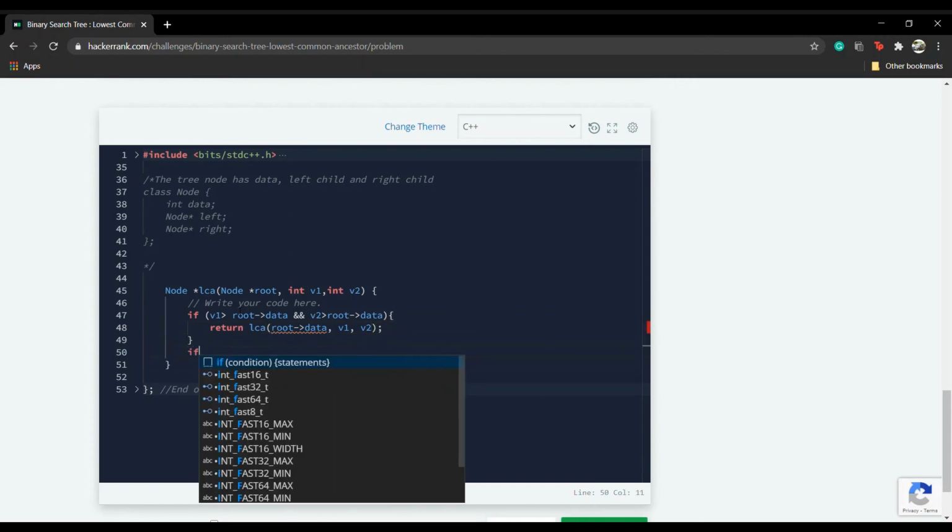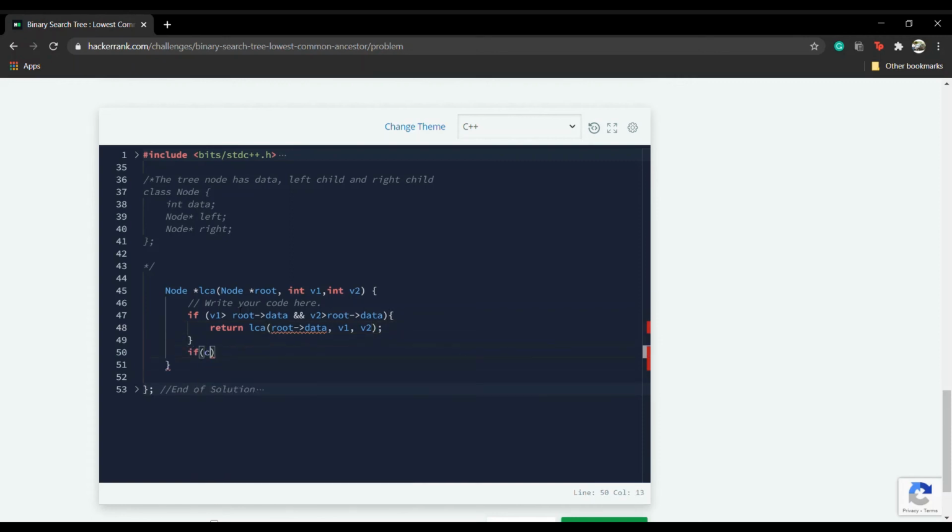Next we have the second if condition, that is, if V1 is lesser than root data and V2 is lesser than root data. Oh, one second. This should have been root right, since it's greater, so it'll move to the right side of the BST.